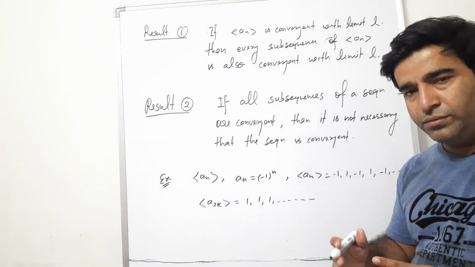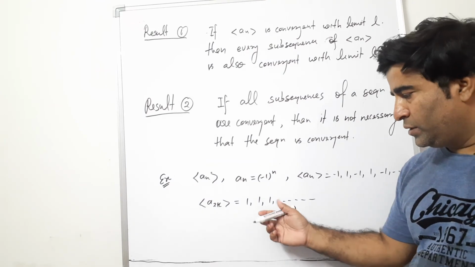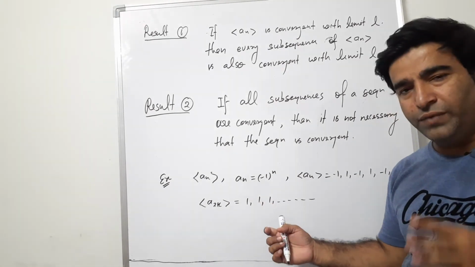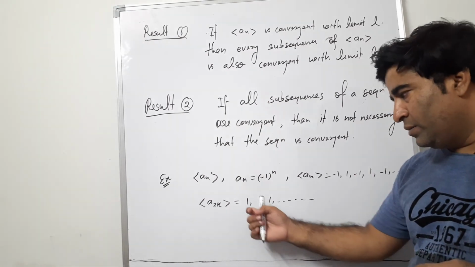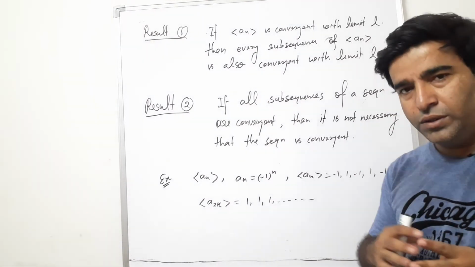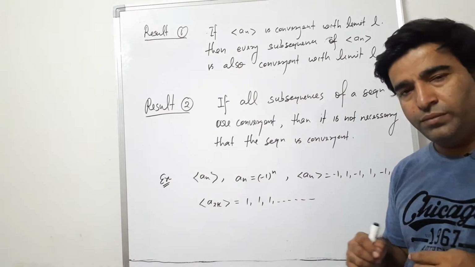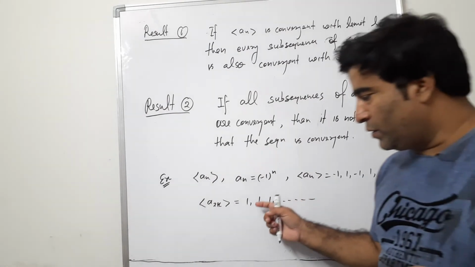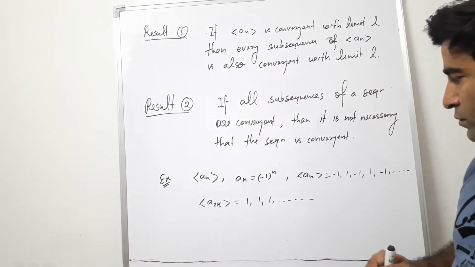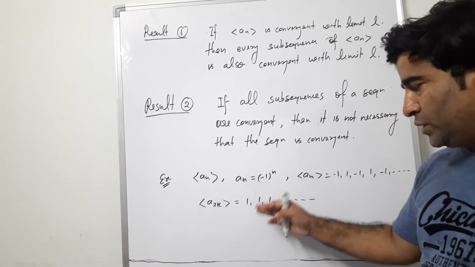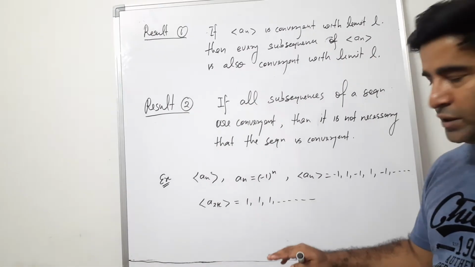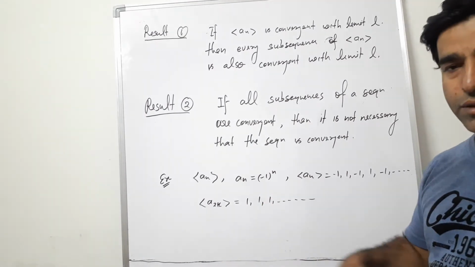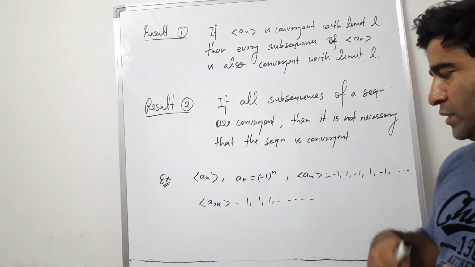Okay, so this is actually a constant sequence. If a given sequence has only one real number, meaning all terms of the sequence are the same, then this sequence is called a constant sequence, and we know that a constant sequence is always convergent.